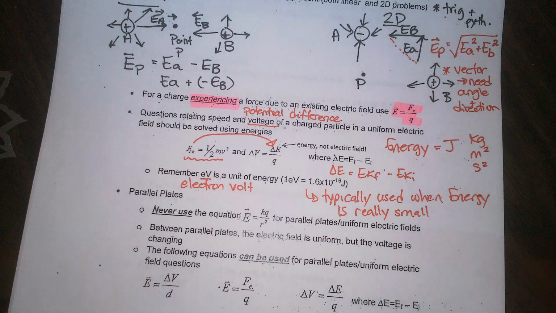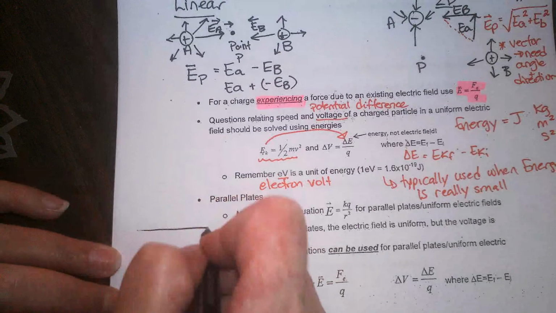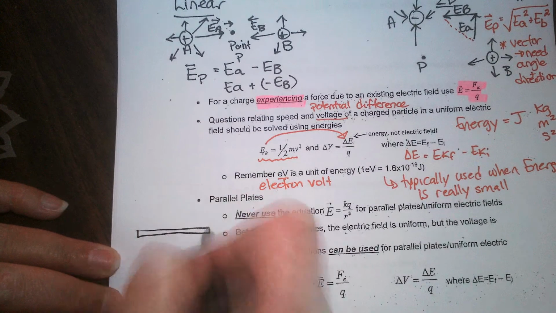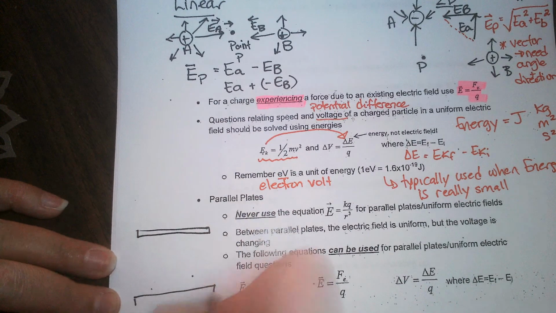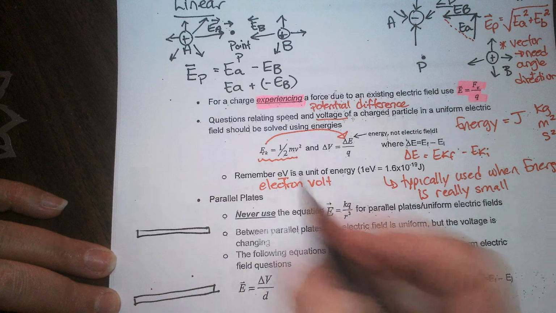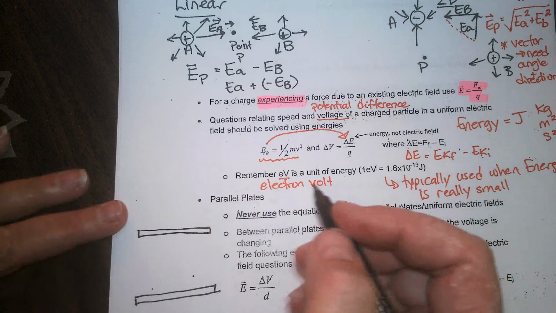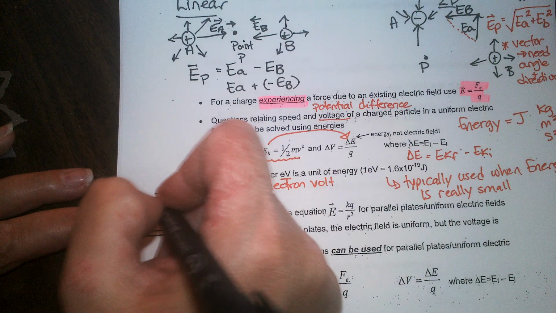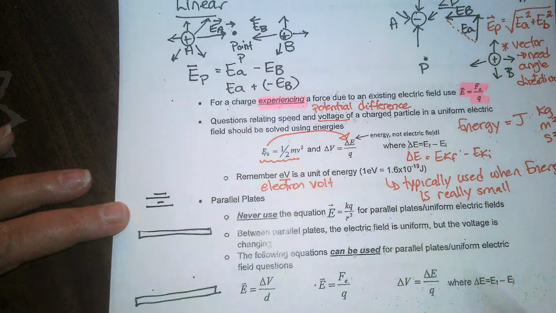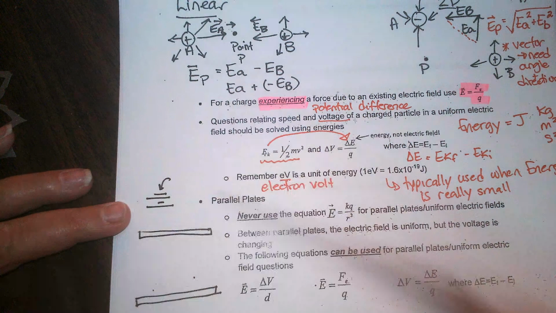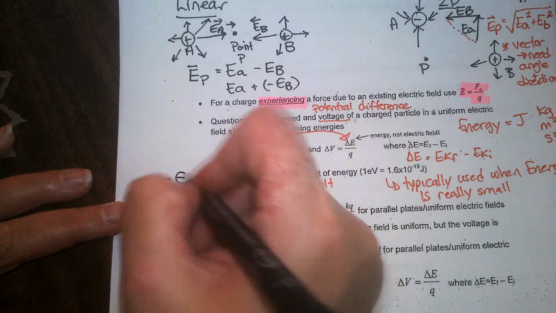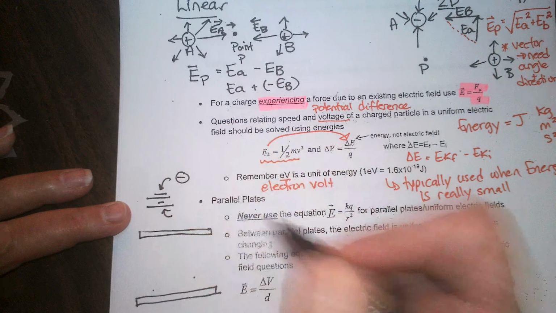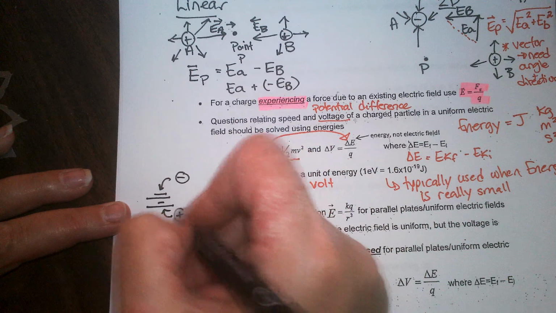Okay, parallel plates. Some of the things that we have to remember about a parallel plate is that it needs a power source. If I see a power source like this, this side is negative, this side is positive.